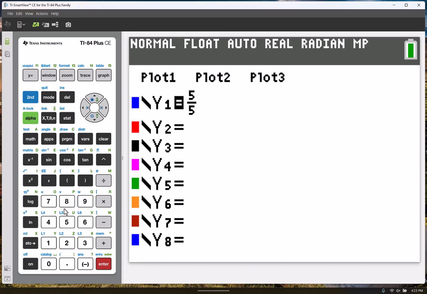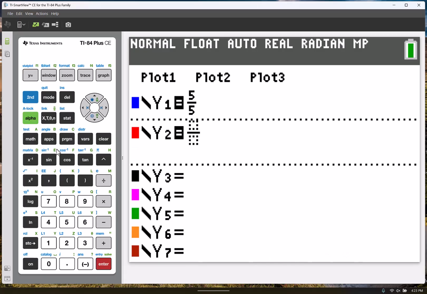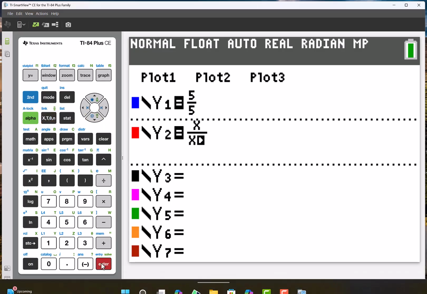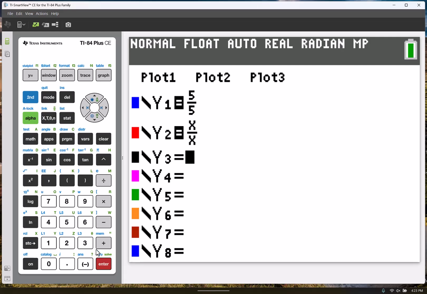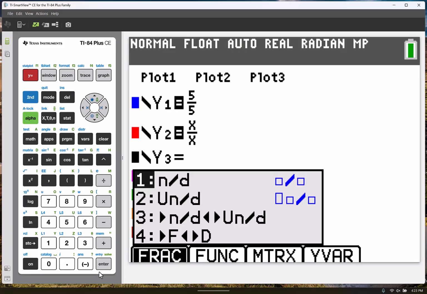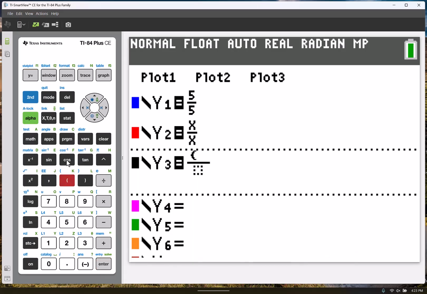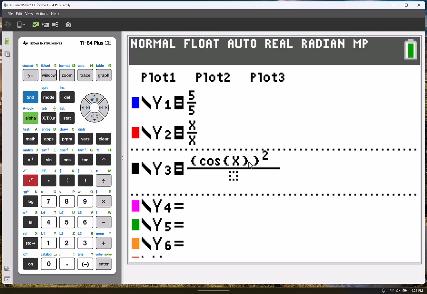All right, let's do x over x. I have the same thing on the top, same thing on the bottom. Let's do cosine squared over cosine squared. Open parenthesis, cosine x, close, squared.